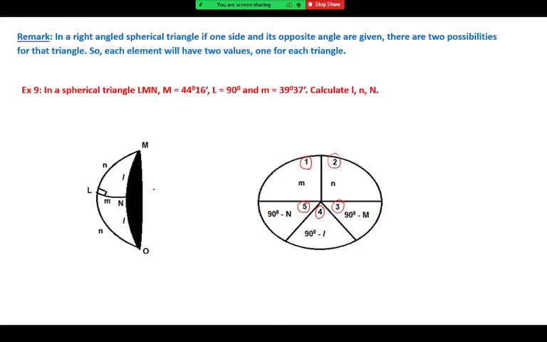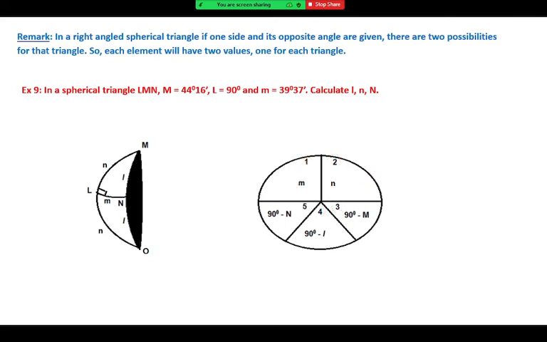The adjacent sides, small m and small n, are placed in parts 1 and 2. Then 90 minus capital N, 90 minus capital M, and 90 minus L, because it is a right angle triangle; otherwise it would be L minus 90 in a quadrantal triangle.